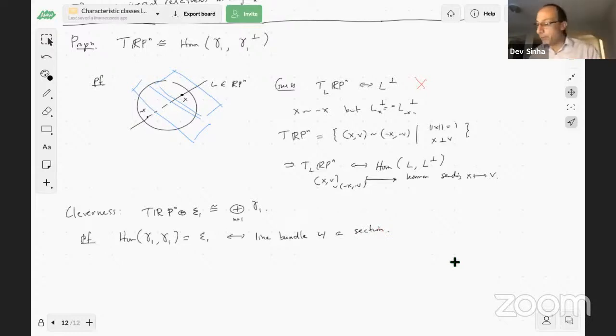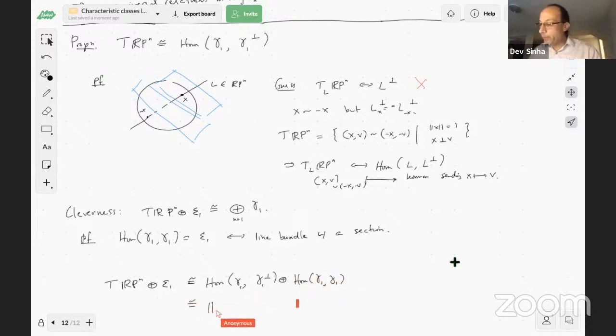So that means that this tangent bundle of RPN plus epsilon 1 is the same as, well, we just said that the first thing is Hom from gamma 1 into gamma 1 perp. The second thing we just identified with Hom from gamma 1 to gamma 1.